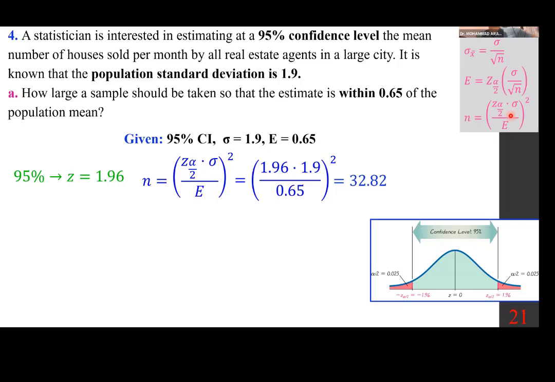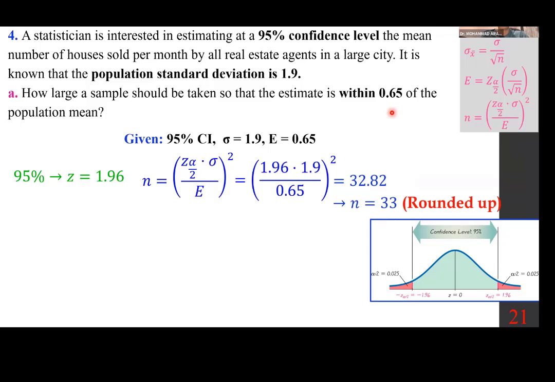Now here's what's going to happen. This is the least number for n we need, and it has to be discrete. Therefore, even if it's 32.1, you must round up. You will always round up. You don't round it accordingly.